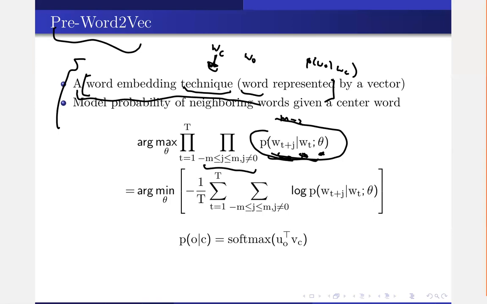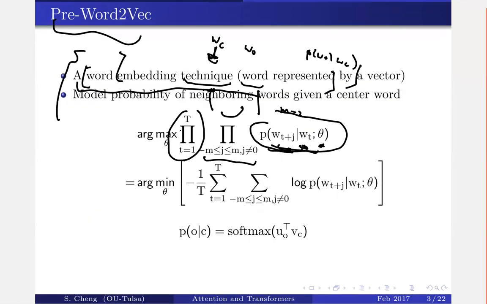Of course, we will not consider only this one center word. We will move it around to the next center word, with different windows, and we also take that into account. So we cover all the words in the training document as well. Okay, maximize this thing.